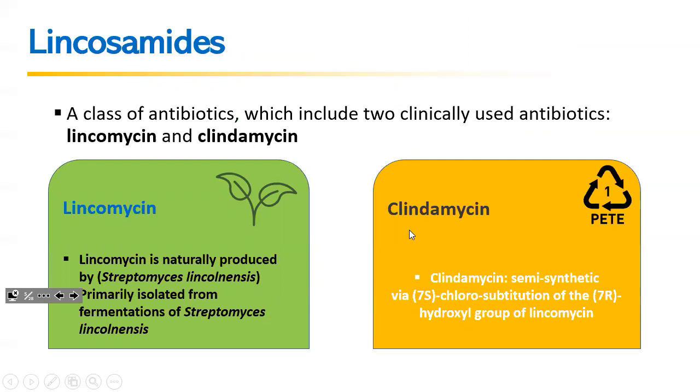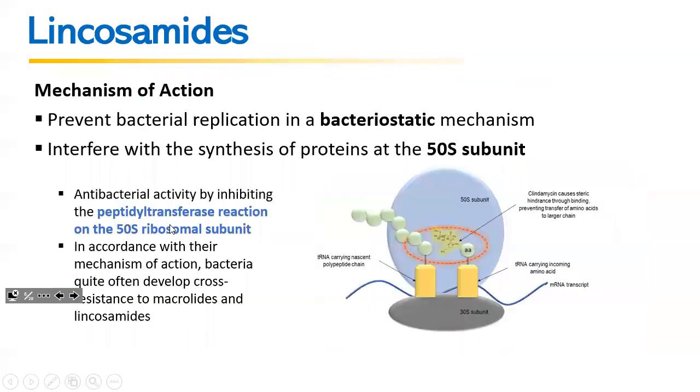It's a subclass of the actinomycetes, and this form of bacteria provides us with many antimicrobials. It's found in different types of soil. The most clinically used lincosamide is clindamycin, and most hospitals carry clindamycin, not the other lincosamide.